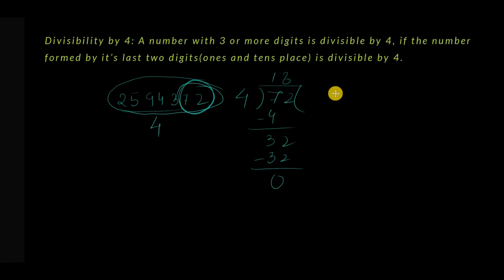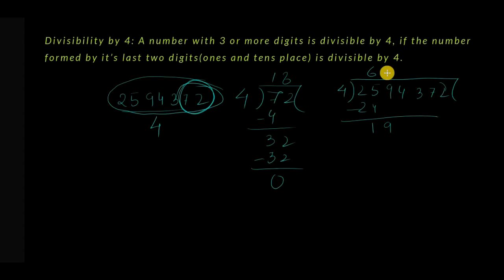Let's just check it out for surety. You might be having doubt, I don't know, but let's check it out. If you didn't know this logic, then we would be doing this, so let's do it. We know that this is divisible by 4, but still let's do it. 6 4s are 24.